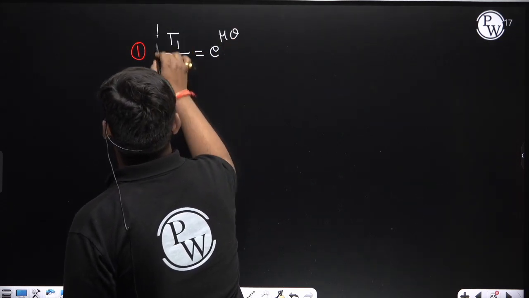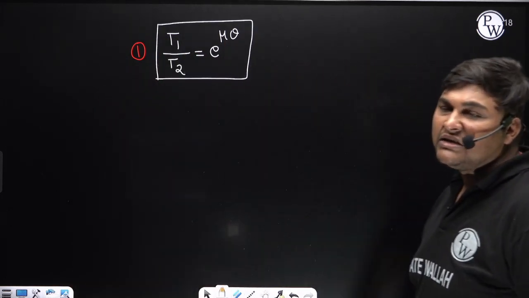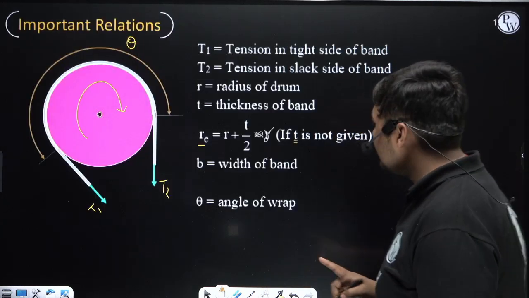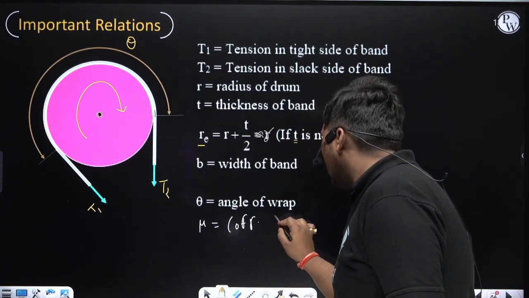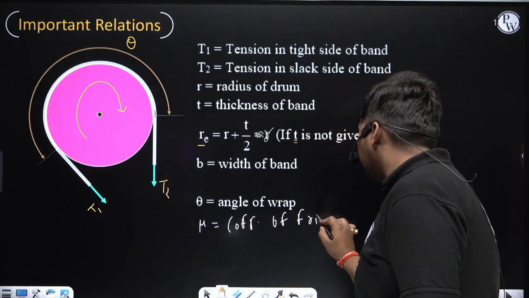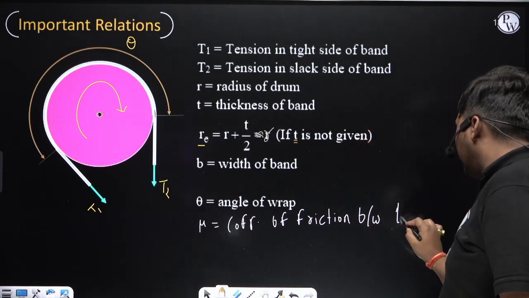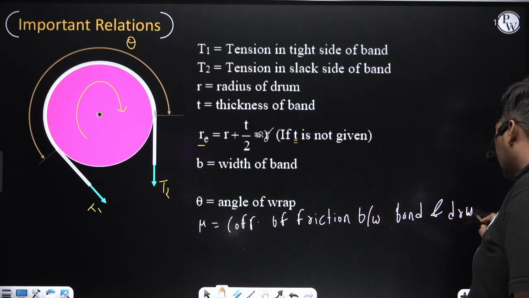This relation is very, very important, and it is always valid for a band brake. Here mu is the coefficient of friction between band and drum. It will be given in the question.